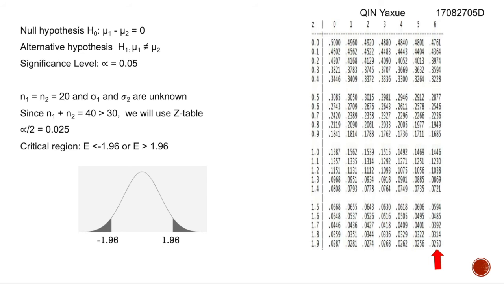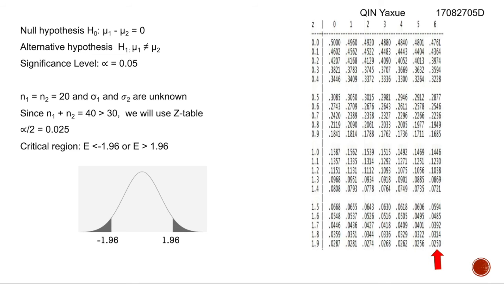We know that the sample sizes of buyers and non-buyers are 20, and we don't know sigma 1 and sigma 2. But the sum of the sample sizes, 20 plus 20, which is 40, is larger than 30. So we will use the t-table.